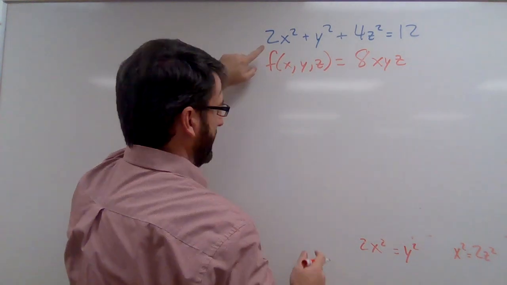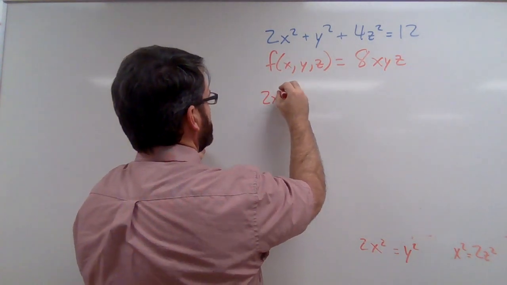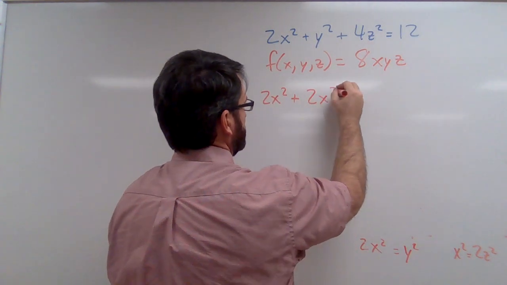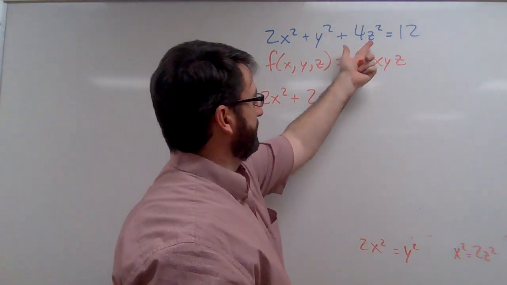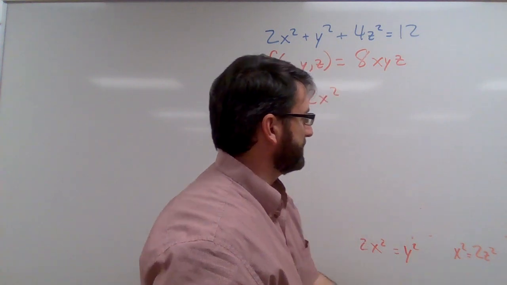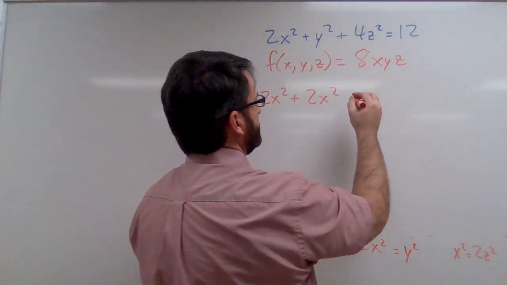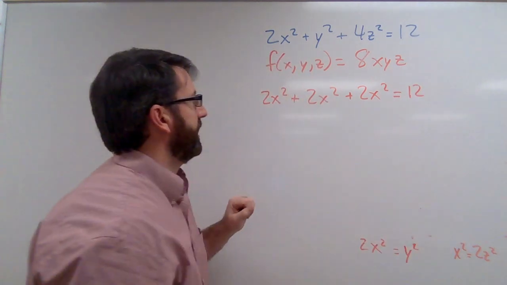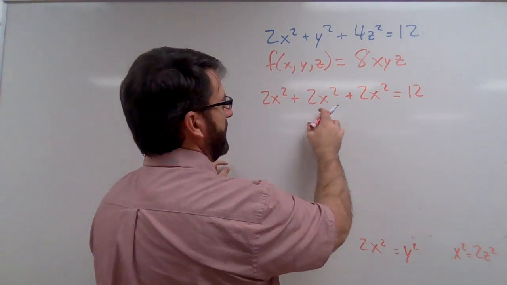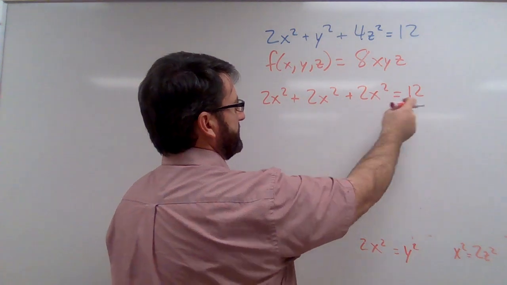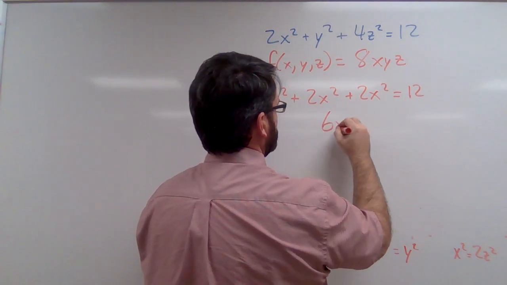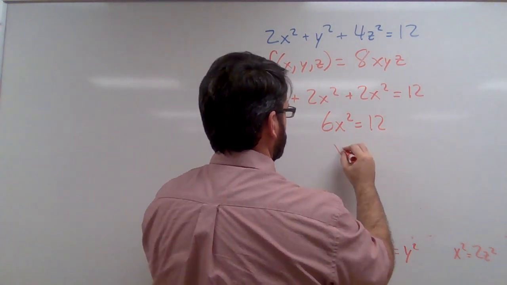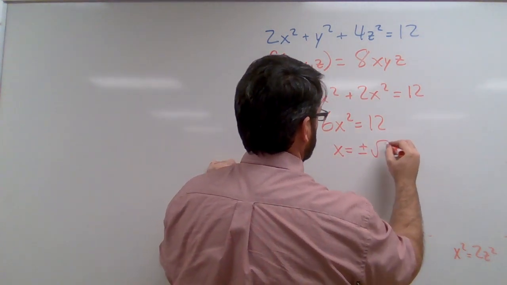So 2x squared plus y squared, which is 2x squared, and 4z squared is equal to 2x squared. So we have 2x squared plus 2x squared plus 2x squared equals 12, so 6x squared equals 12. Divide by 2, we get x is equal to plus or minus the square root of 2.